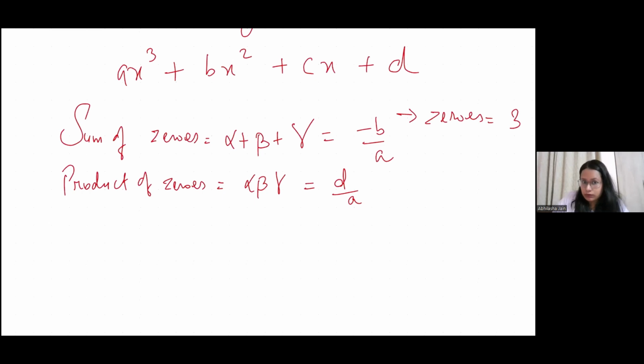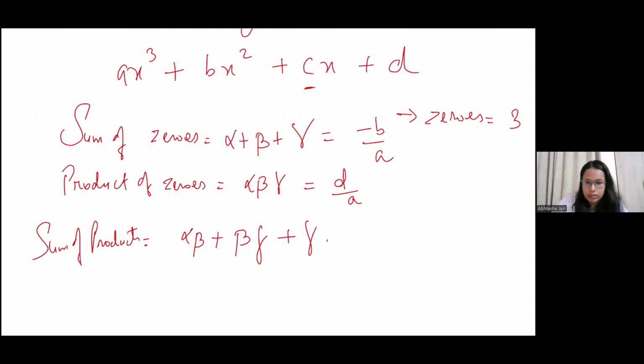Since there is one more coefficient, which is c, there is another relationship of products, the sum of products: alpha times beta plus beta times gamma plus gamma times alpha is nothing but c over a. These are the three relationships you have in a cubic polynomial.